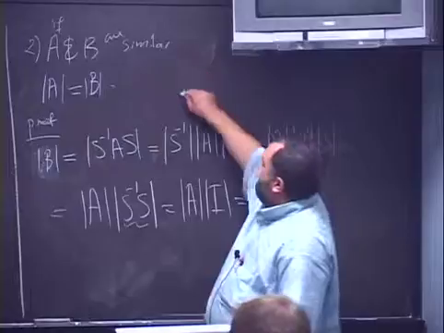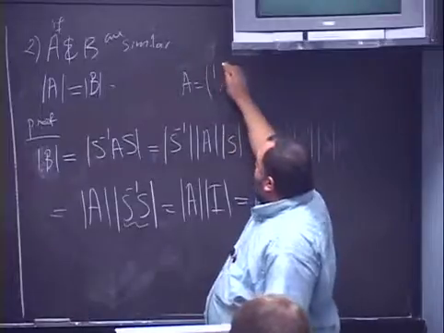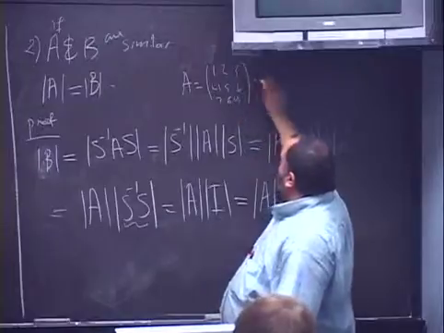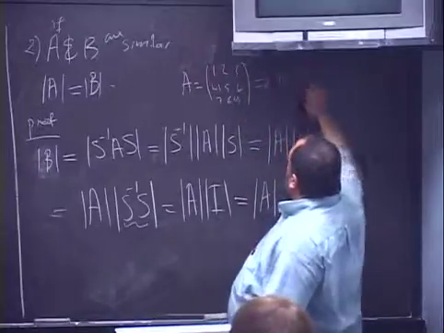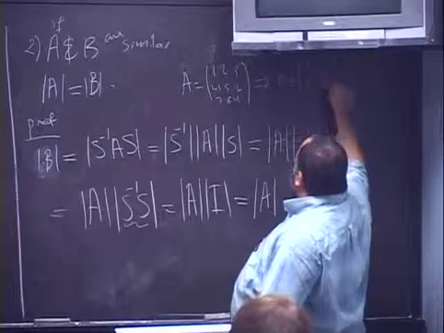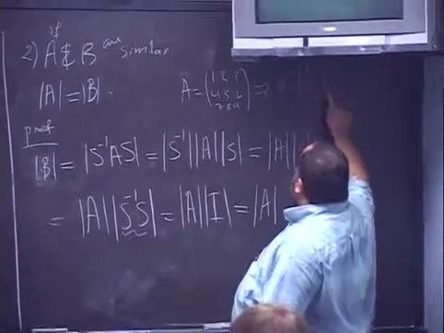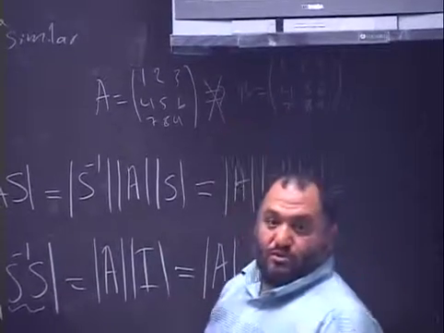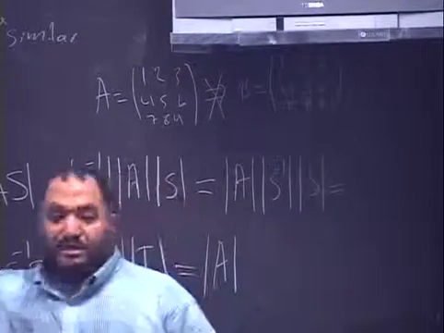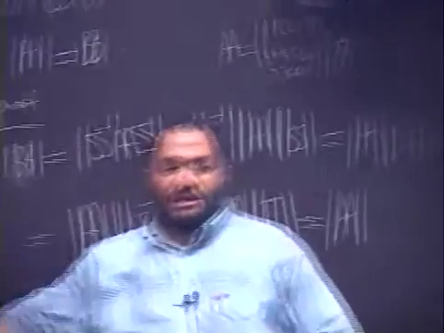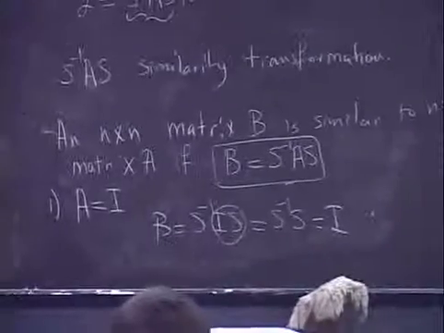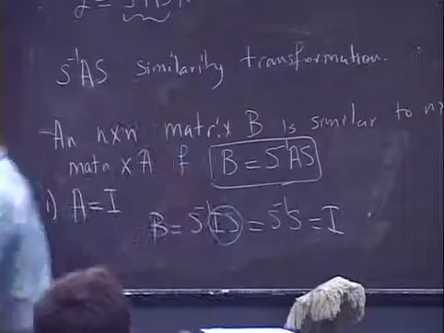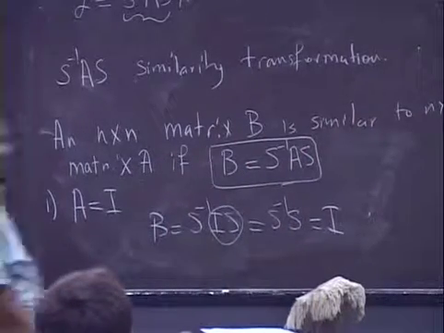You cannot say if A is equal to 1, 2, 3, 4, 5, 6, 7, 8, 9, then B, because they are similar, is 1, 2, 3, 4, 5, 6, 7, 8, 9. This is not true. It's only true when A and B are the identity matrices. Did you understand?